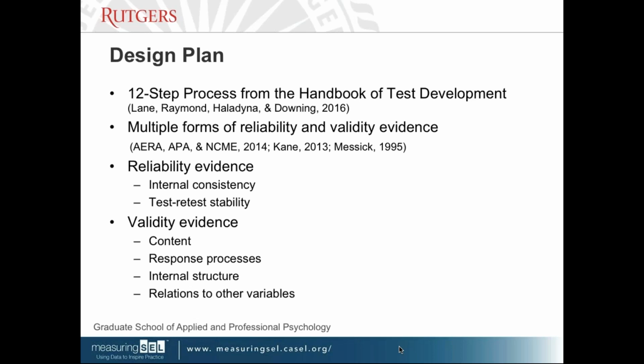Specifically, in terms of reliability evidence, we're going to be measuring internal consistency. So how homogeneous are those subscales for internalizing and externalizing competencies? And also test retest stability, which is critical because we're going to be wanting to measure growth.